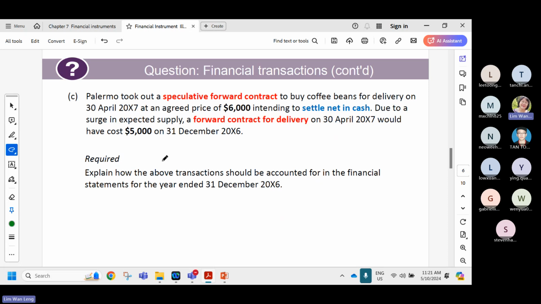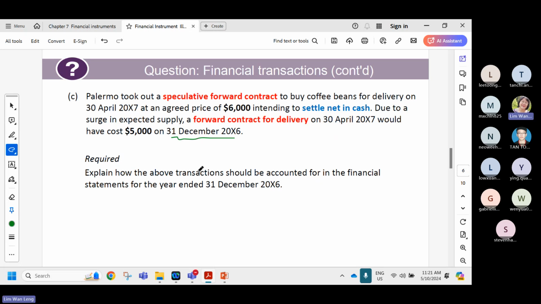Due to the surge of unexpected supply, the forward contract for delivery on 30th April would have cost 5,000 on 31st December X6. So 31st December X6 is our financial year end. So have a look at this. What does it mean?